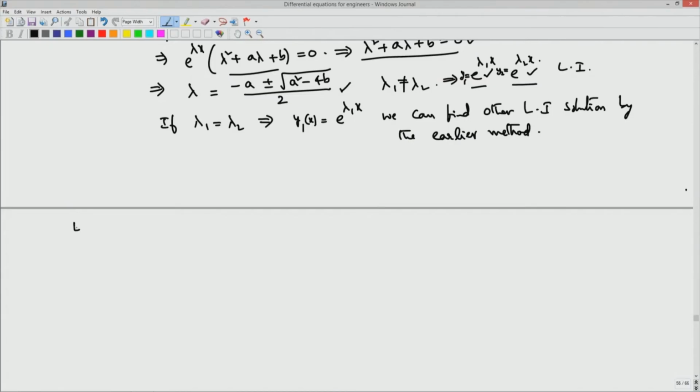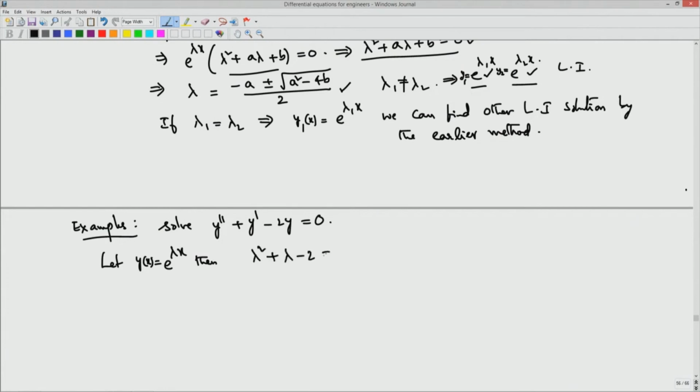So, how do we do this? Examples. Let me pick up some simple one: solve y double dash plus y dash minus 2y equal to 0. How do we solve this? You look for e power lambda x. Let y of x be this, then you have lambda square plus lambda minus 2 equal to 0, because a equal to 1, b equal to 1.